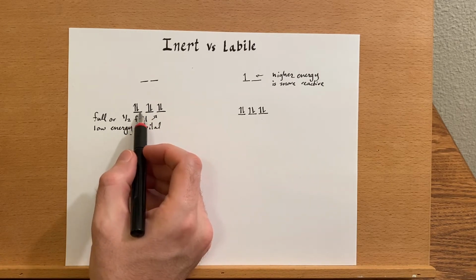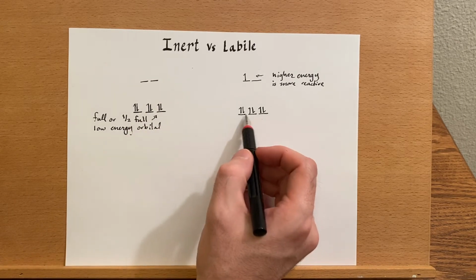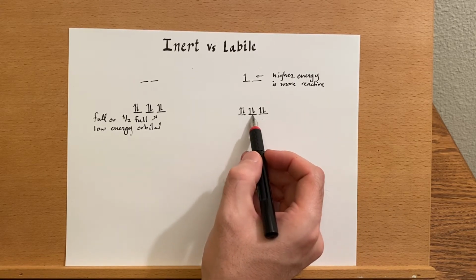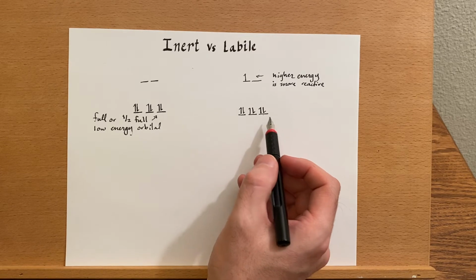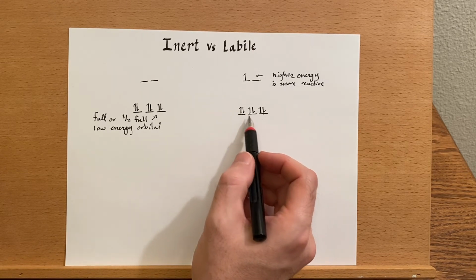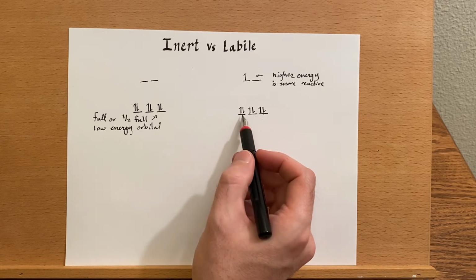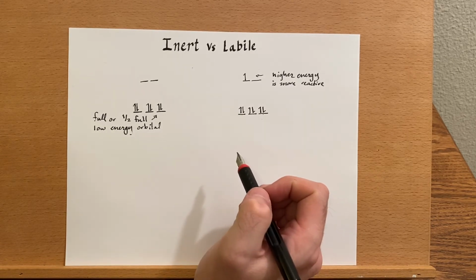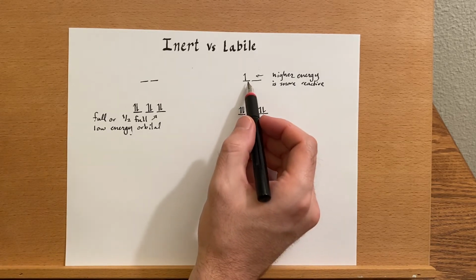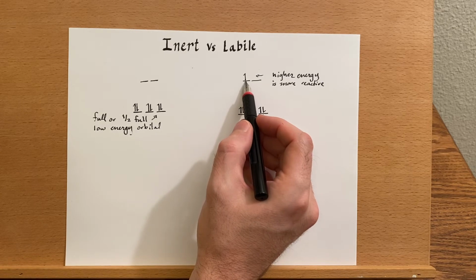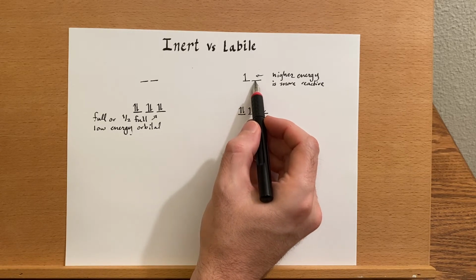So there's three degenerate orbitals right here, or here. They all have the same energy, and so they're degenerate. Now, these are not a problem because they both have 2 electrons in each orbital. Whereas up here, in our eg orbital, we have 1 electron here and none there.